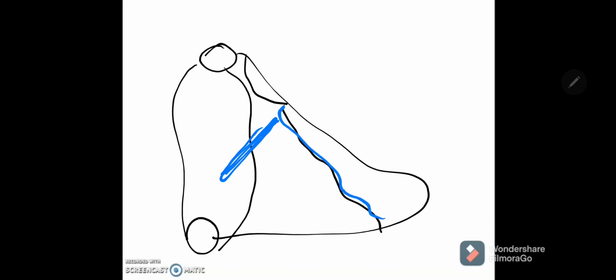Here is the great cardiac vein in the anterior AV groove, and middle cardiac vein in the posterior AV groove. And here you can notice the oblique vein of left atrium, posterior vein of left ventricle opens onto the left side. Middle cardiac vein and small cardiac veins open into the right side of the coronary sinus, and coronary sinus itself opens into the right atrium.